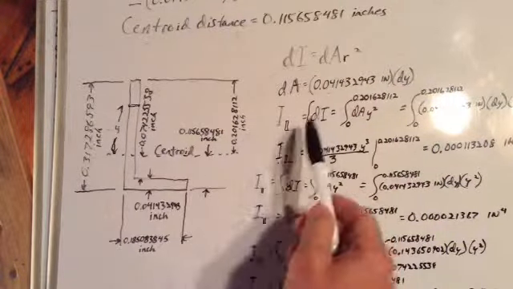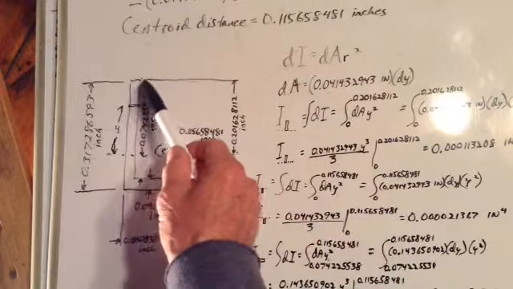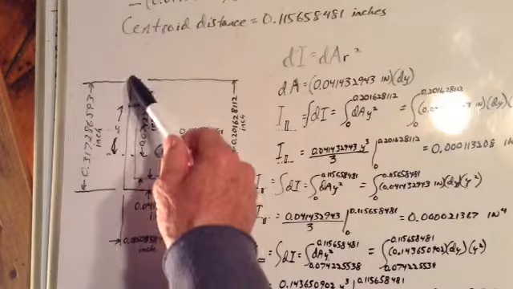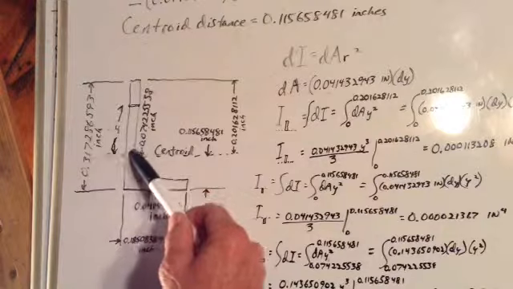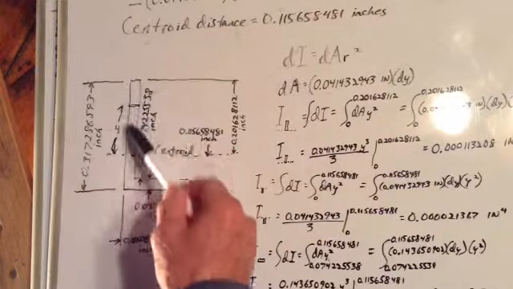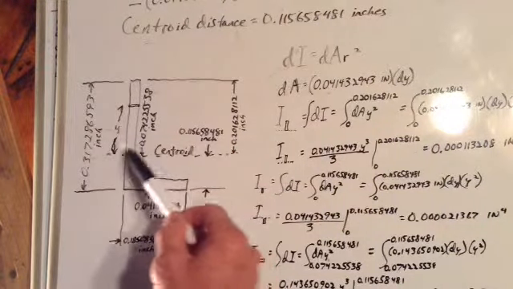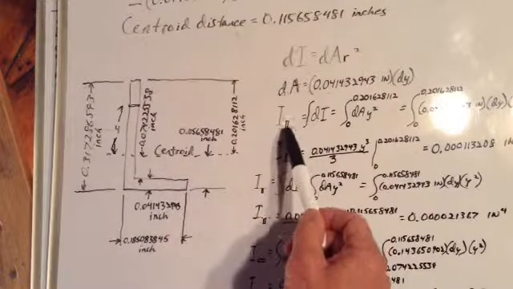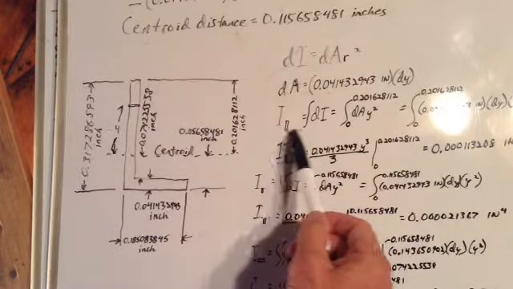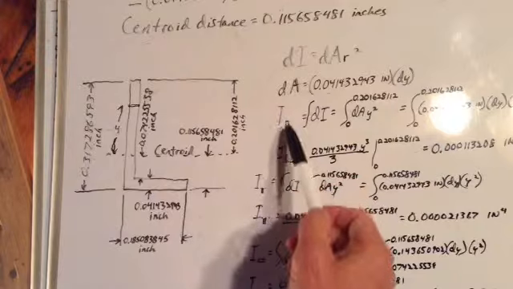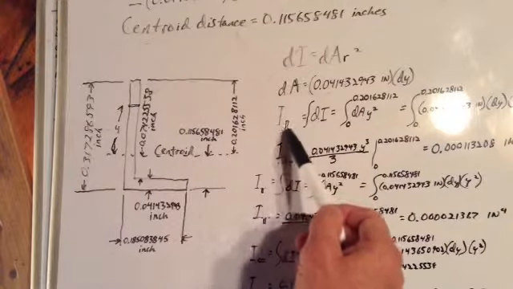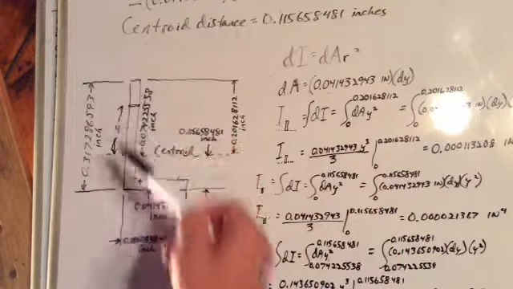Okay, and let's find the contribution to the moment of inertia from this particular part, the vertical part of the L that's above the centroid line. See how I've got it drawn there and got a centroid line drawn there? We'll call that I sub that, the contribution of that.